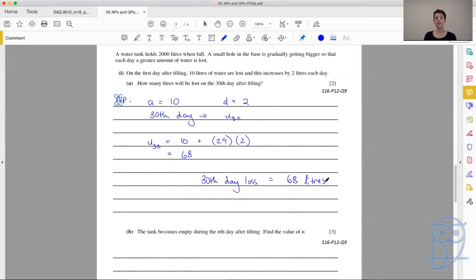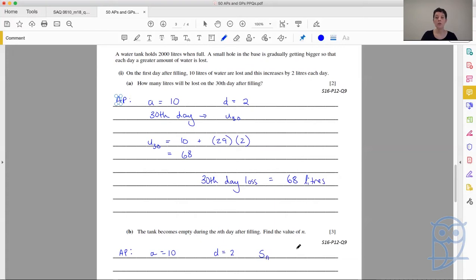They then tell us that the tank becomes empty during the nth day after filling. Find the value of n. So the total we have lost is 2,000 liters. So still, AP, A equals 10, D equals 2, but in this case now, instead of doing a term, we're looking for a sum.